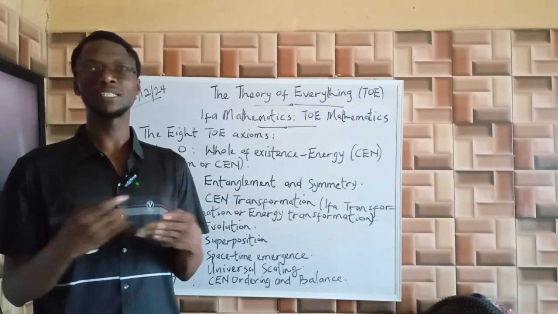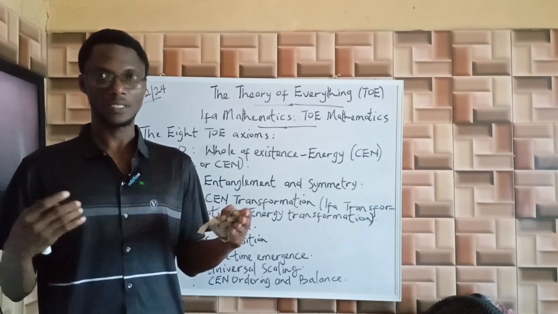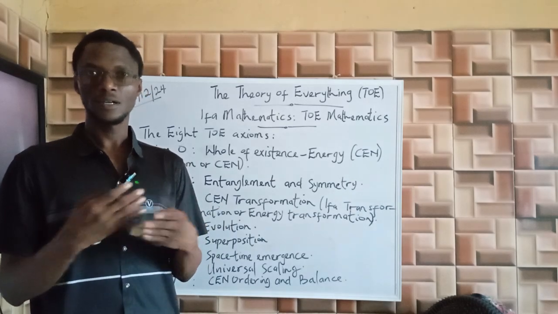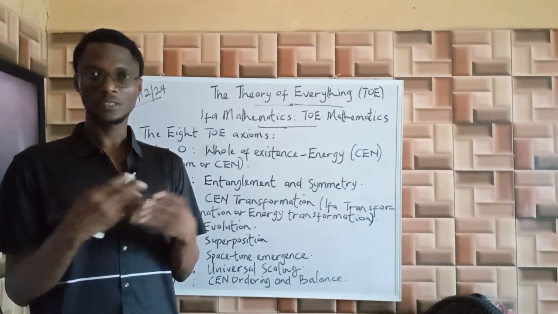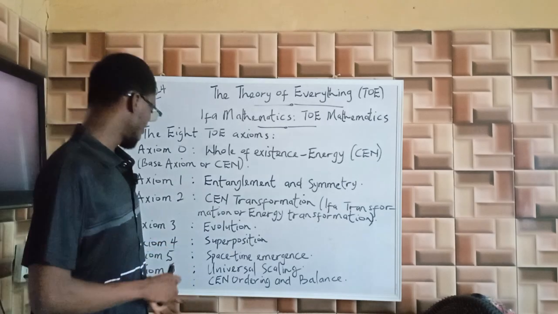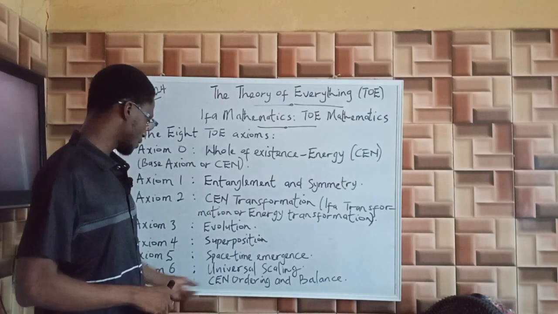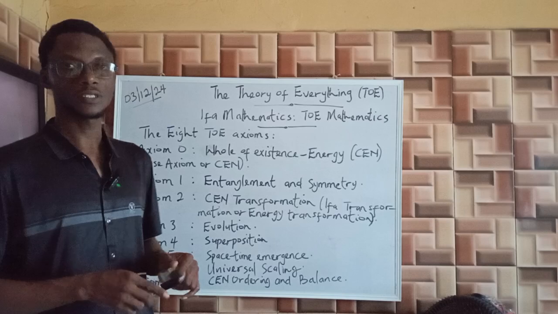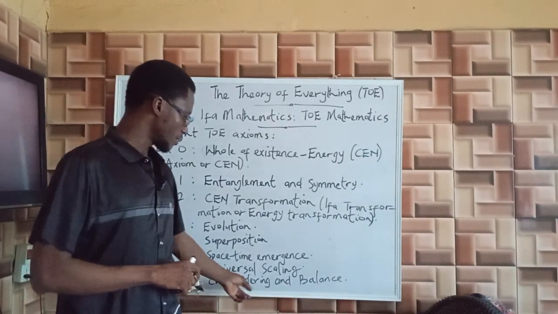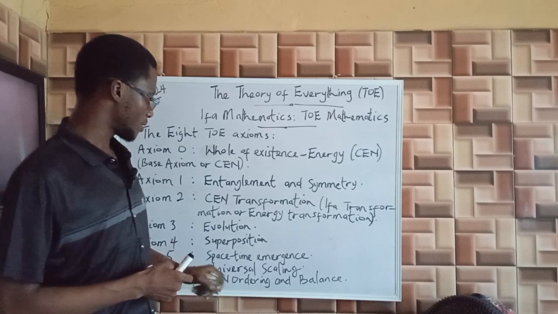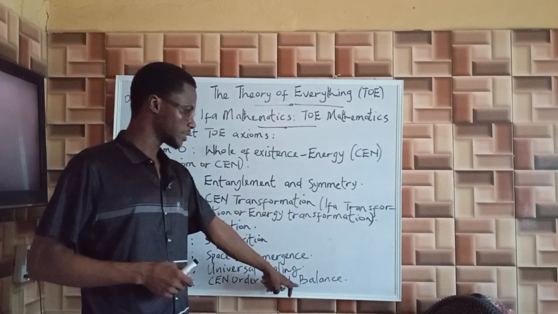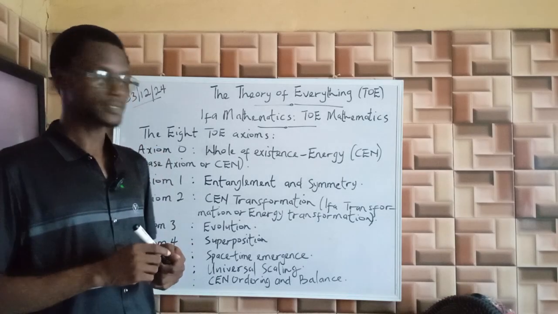We have many other examples of cycles, like the seasons in a year, and there are many other examples as well. So the axiom here is talking about how all things in nature occur in cycles. Now, this axiom is a key element of the Ifa sciences.